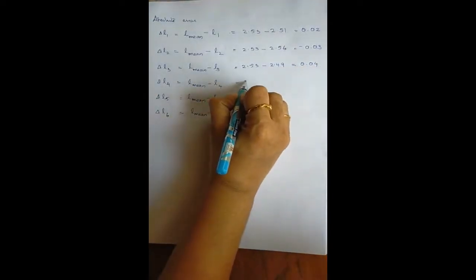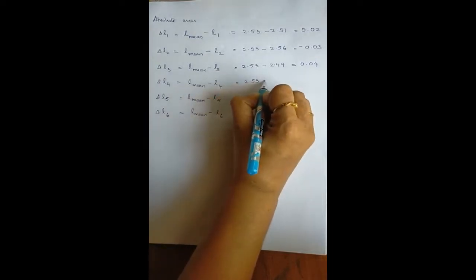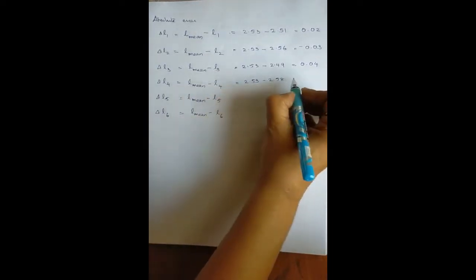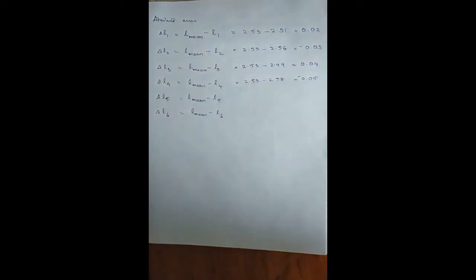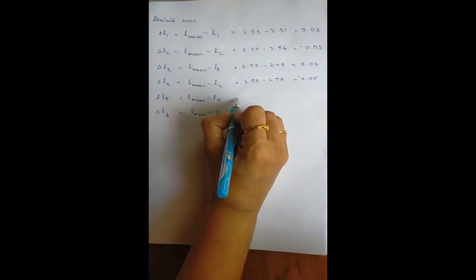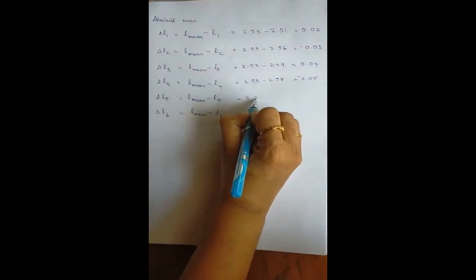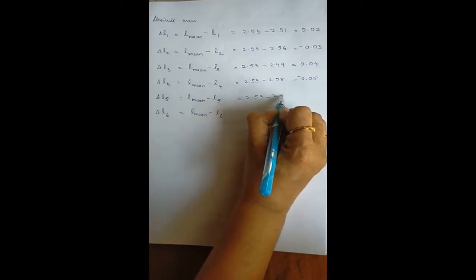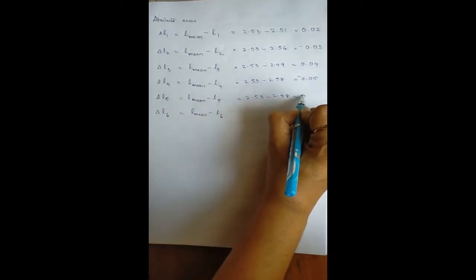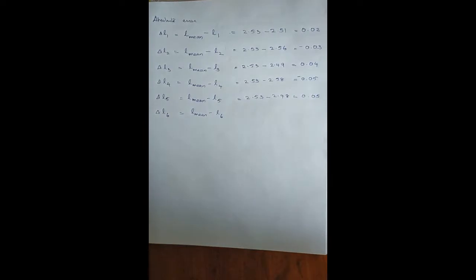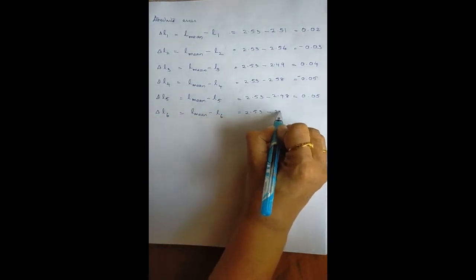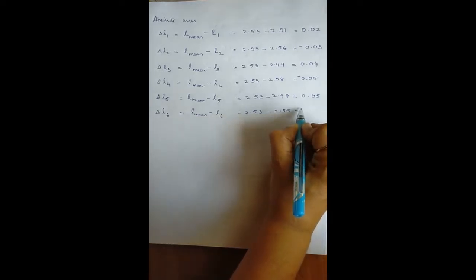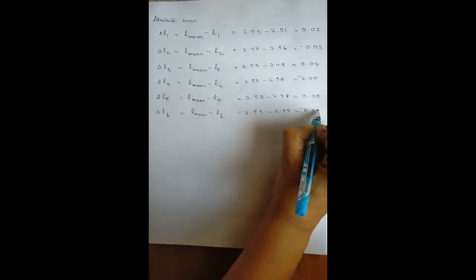And here 2.53 minus 2.58, that is equal to minus 0.05. Here 2.53 minus 2.48, that is equal to 0.05. Here 2.53 minus 2.55 equal to minus 0.02.